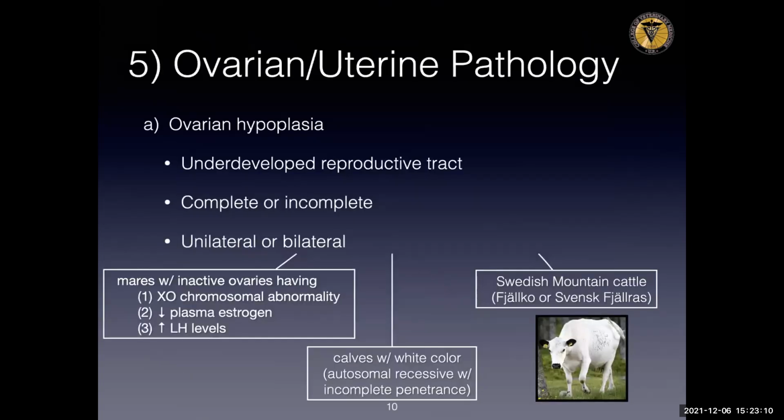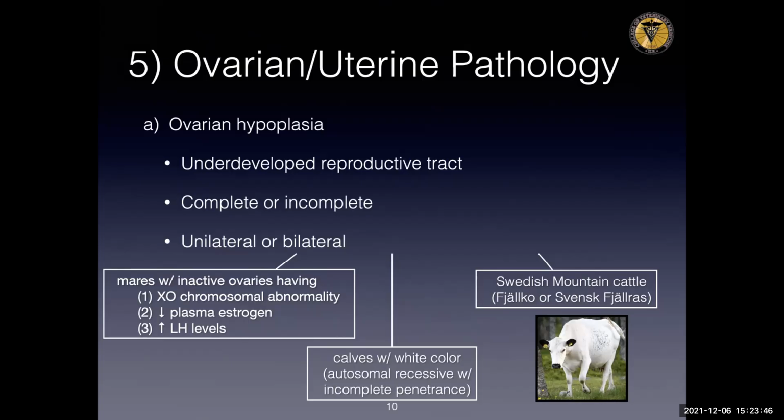Now on the pathologies of either the ovary or the uterus, let's start with the ovary first. If you have already reviewed your genetics of infertility, you will know that ovarian hypoplasia is related to genetics. An identified breed would be the Swedish mountain cattle, or Svalras, or calves with white color, which can appear as a recessive gene.